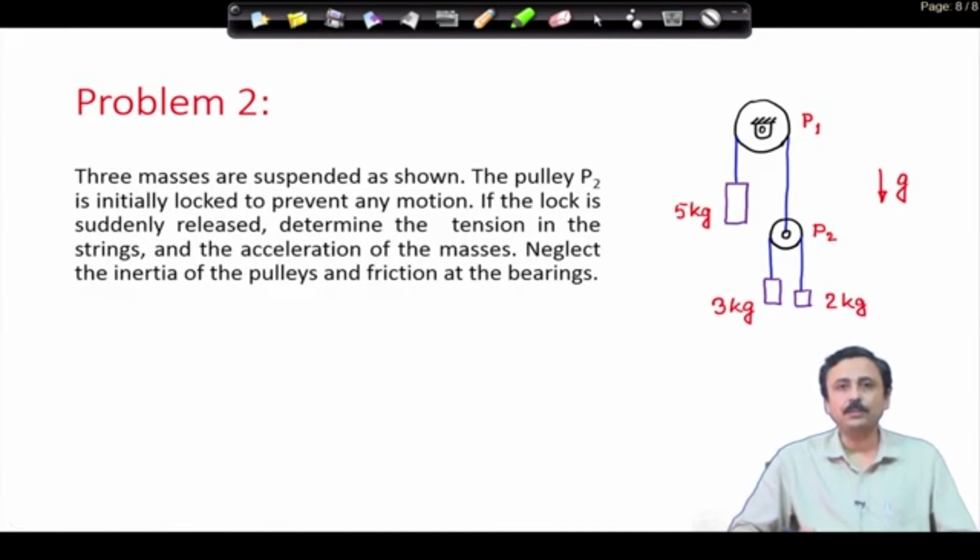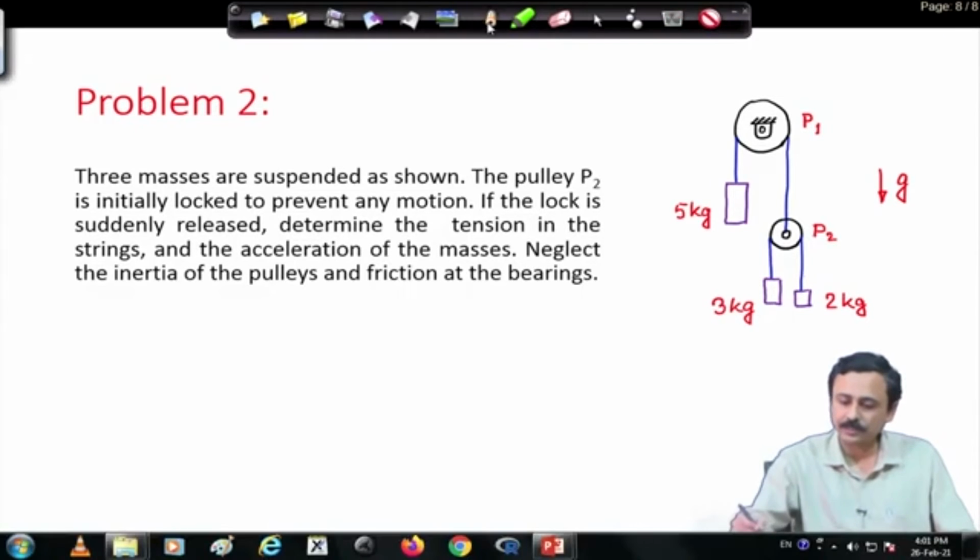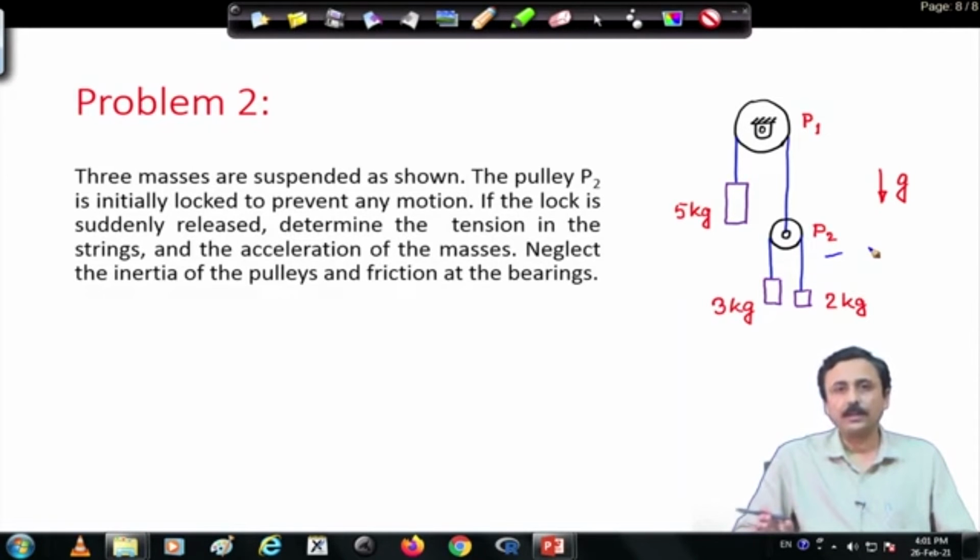The next problem is about connected bodies, which we have discussed in the previous lecture. This says 3 masses are suspended as shown. The pulley P2, which you can see here, is initially locked to prevent any motion. If P2 is locked, then this 3 kg and 2 kg mass are in imbalance; if you do not lock P2, then it will start rotating.